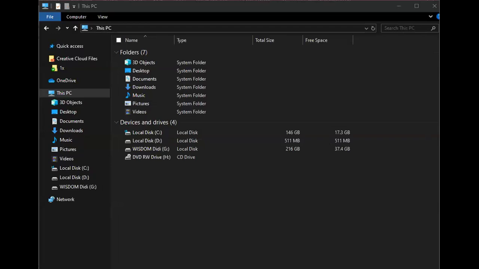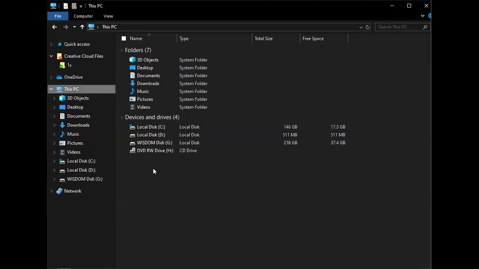Okay. What you are looking at is your hard drive capacity. When you click, you see a local disk, local disk C, local disk D, you see Wisdom. My total hard drive capacity is 500 gigabytes, so I've partitioned it into 3. That's something more complex we'll see later.